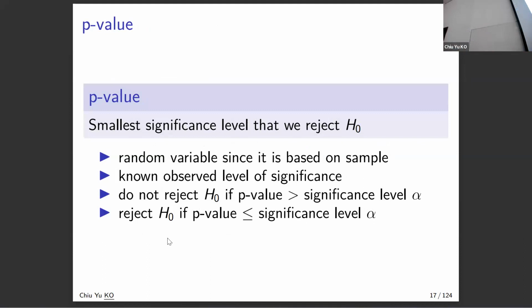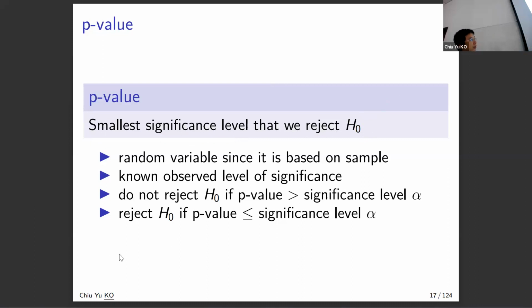The p-value is just the smallest type 1 error level, the statistical level that will reject H null. It's still a little bit tricky. We'll define it formally and you will understand what's going on. We will revisit it when we talk about the exact test.